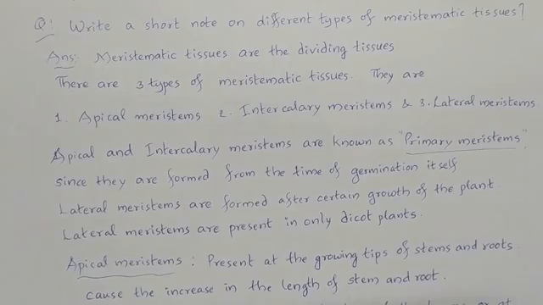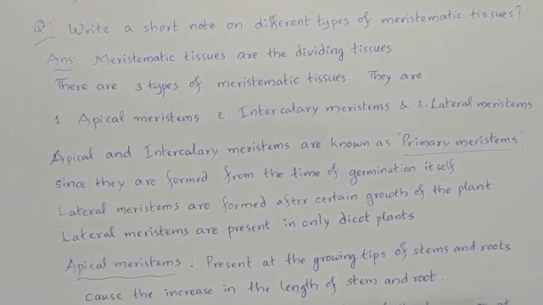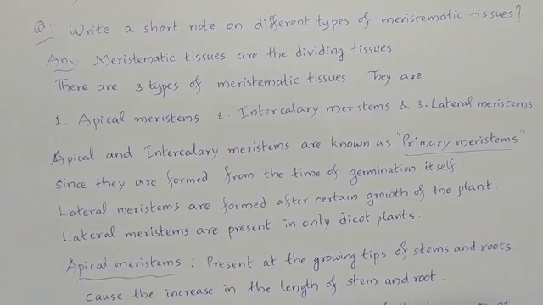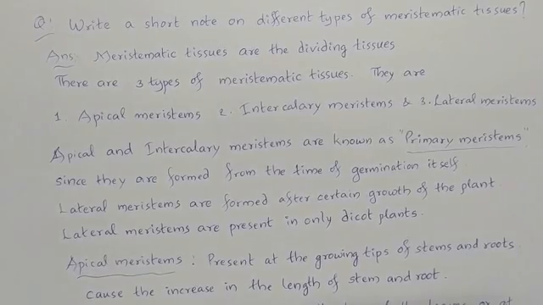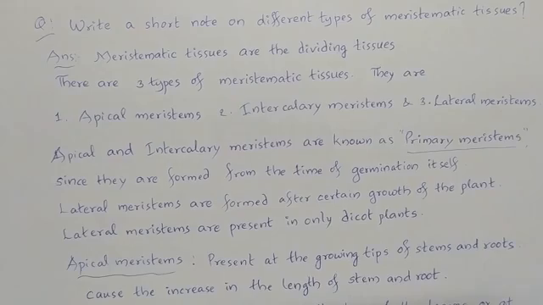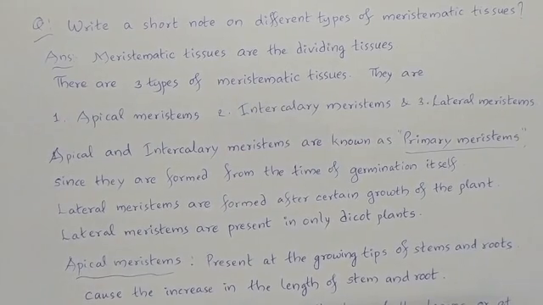Apical meristems and intercalary meristems both together are referred to as primary meristems because they are formed from the time of germination of the plant itself. So, from the primary period onwards they are present, so they are primary meristems.